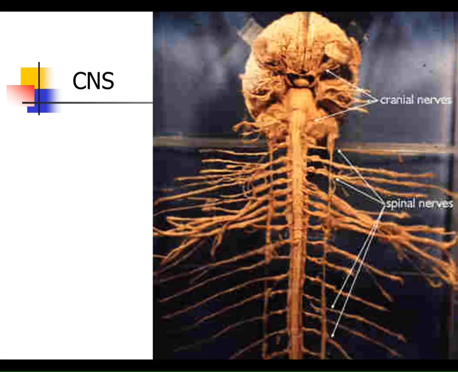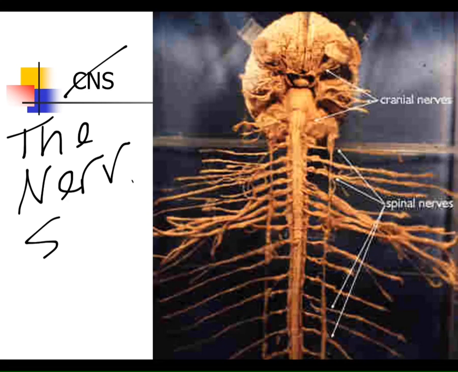Look at this picture and tell me why it's poorly labeled. Why did I do a horrible job when I put CNS on this title? What should this thing really say? It really should just say the nervous system, right?